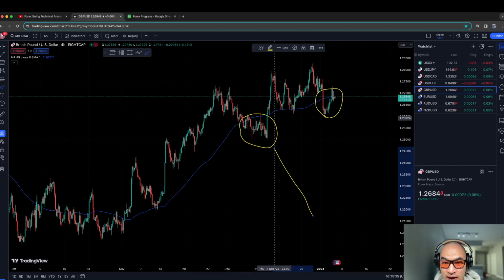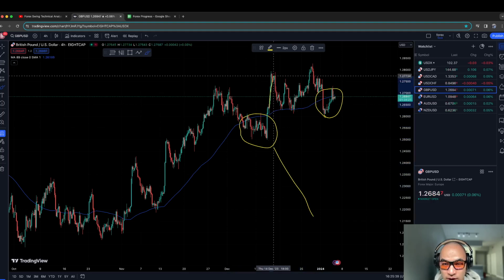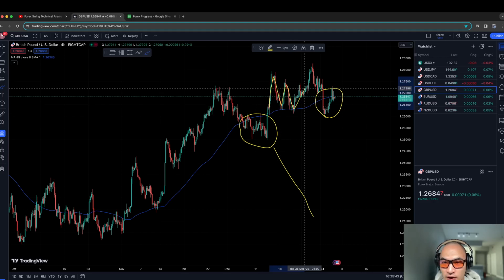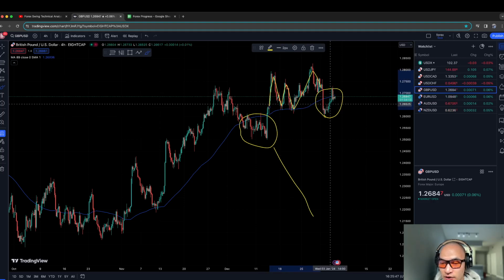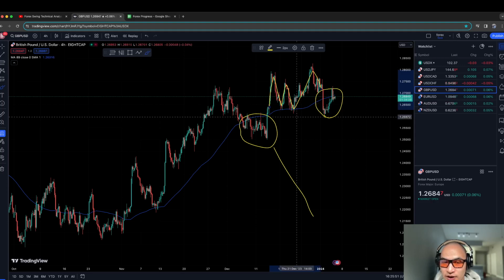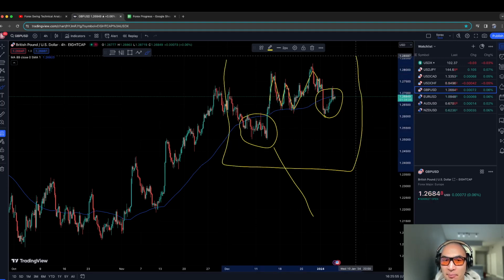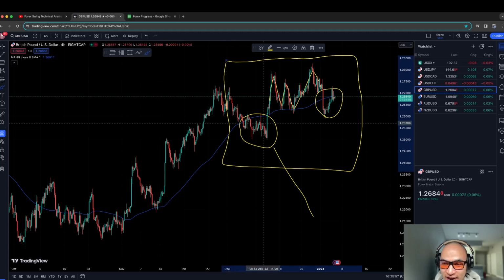It eventually went up, closed 10 candles above here, returning back, but it didn't really go up like that. Then it's starting to close 10 candles below the moving average. You see, pound USD is moving up and down along the moving average.